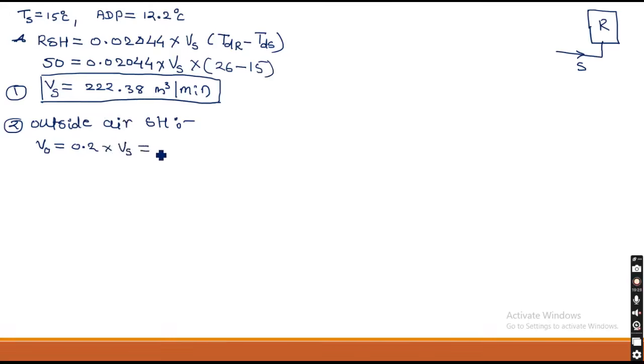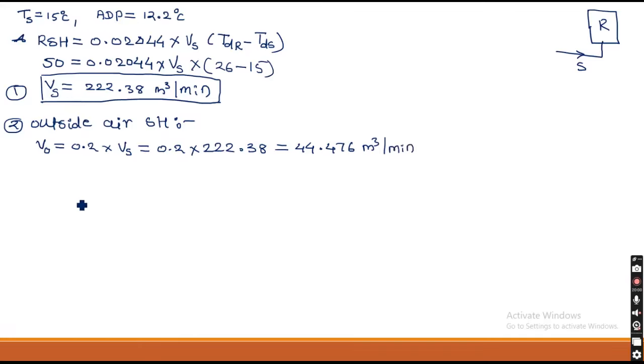So 0.2 multiplied by 222.38. This way we get the outside air volume flow rate as 44.476 meter cube per minute. Now based on this, we can easily calculate the outside air sensible heat.